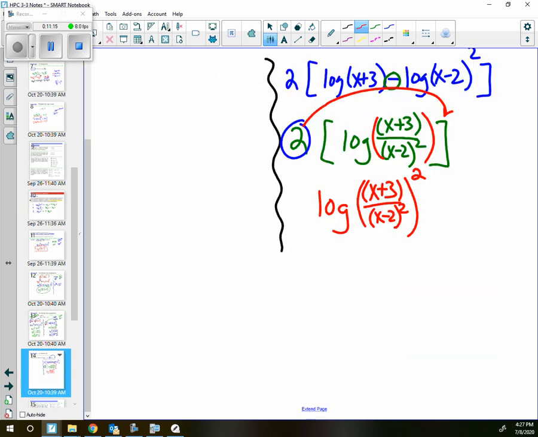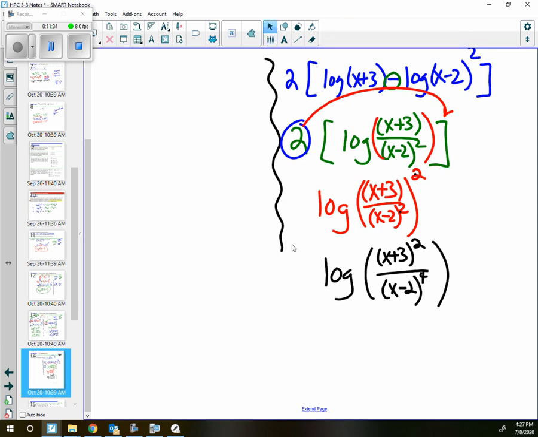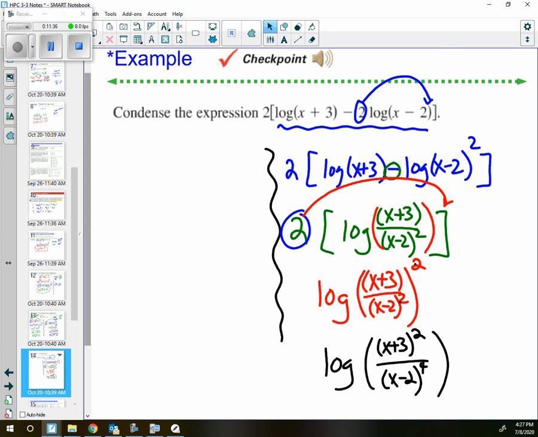So let's be careful how we can deal with that then. Remember, when you take a fraction and you take everything inside to the second power, that means it would be x plus 3 squared in the numerator, and then x minus 2 to the what? Well, 2 to the second, that would be to the 4th power. So we'd have that argument. So it works super well. So that was just taking it face value just the way it is.